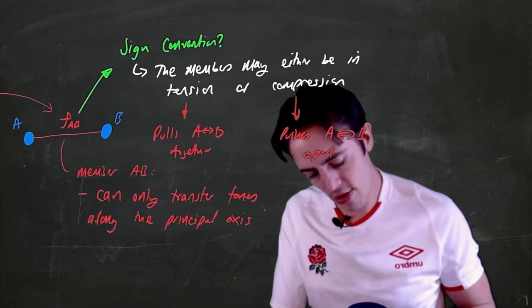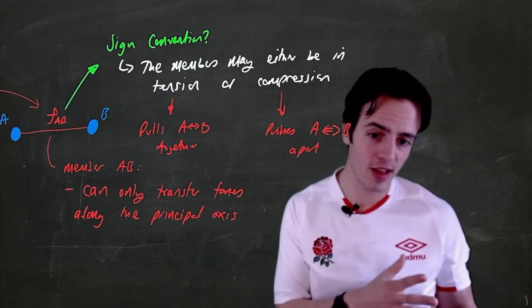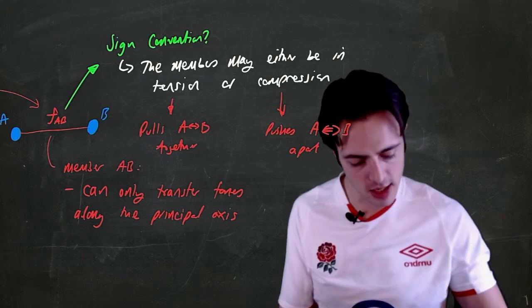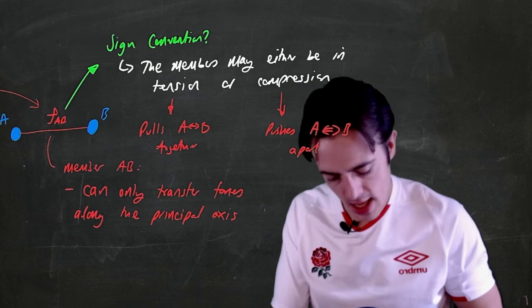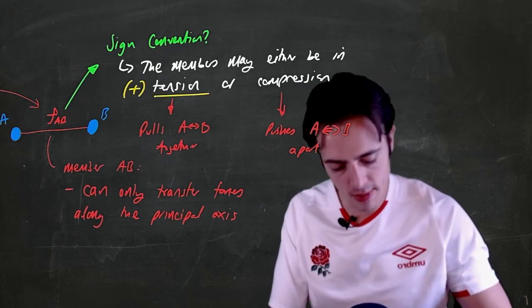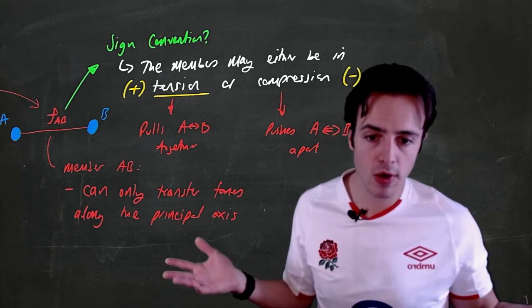And I said sign convention here. What do I mean by that? Well, you pick whether a positive number means tension or whether a positive number means compression. I tend to use a positive number, so if I have a positive force FAB, that would give me tension, and if I have a negative number, that gives me compression, okay? But choose what your sign convention is going to be.